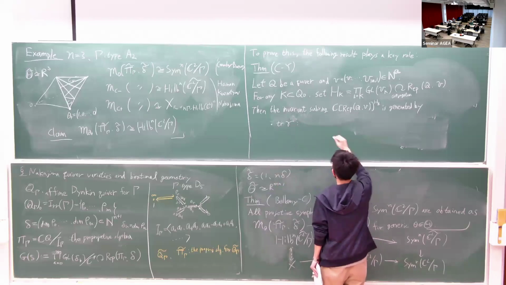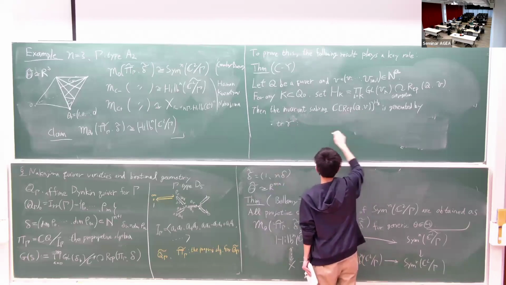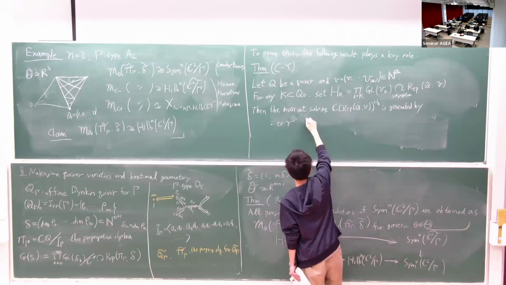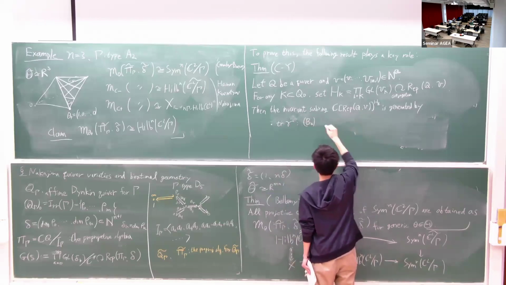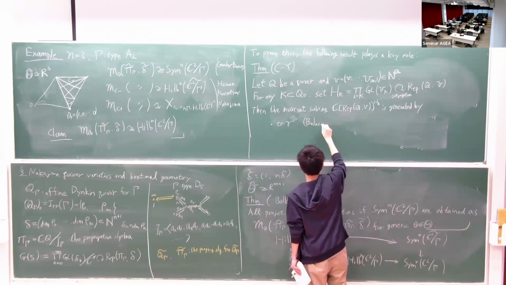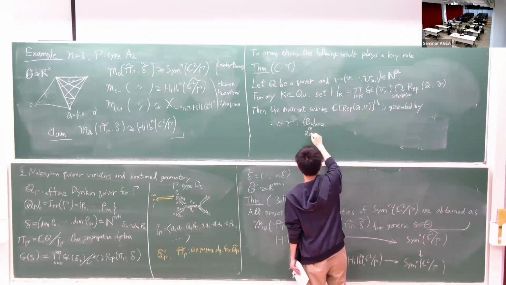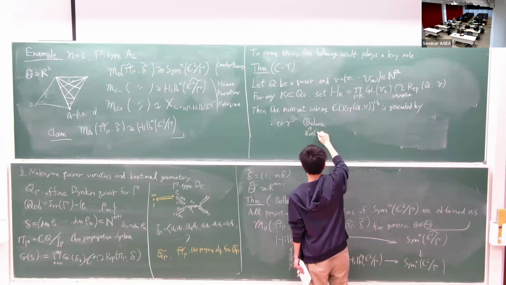As a function on this representation space, if we consider a representation of Q, this is just a collection of linear maps, an element of the representation space.